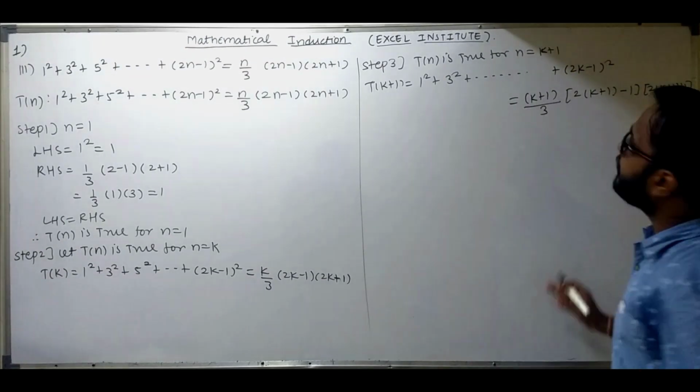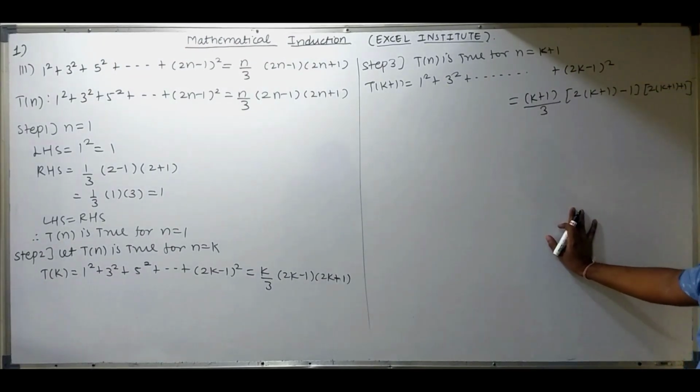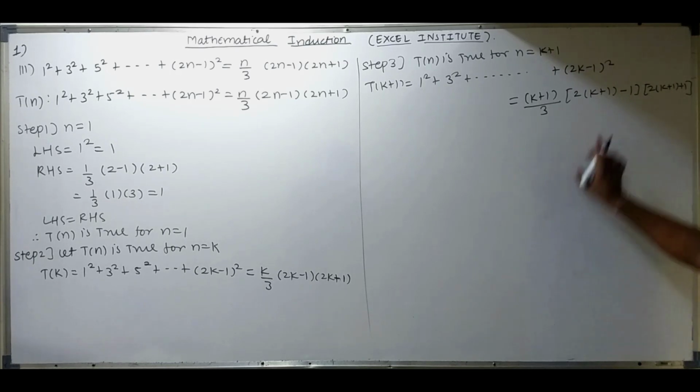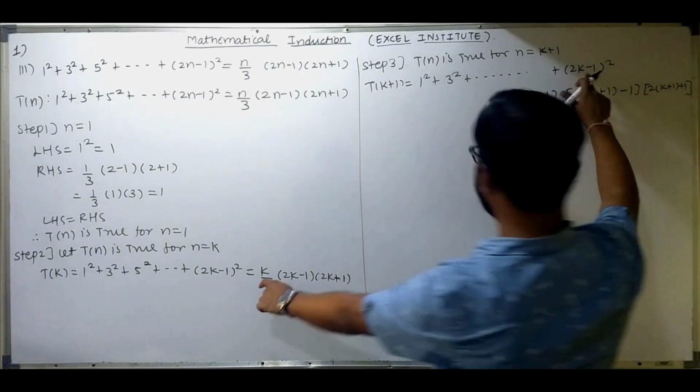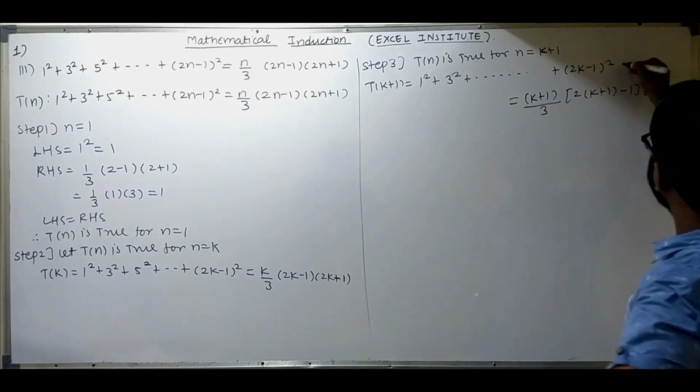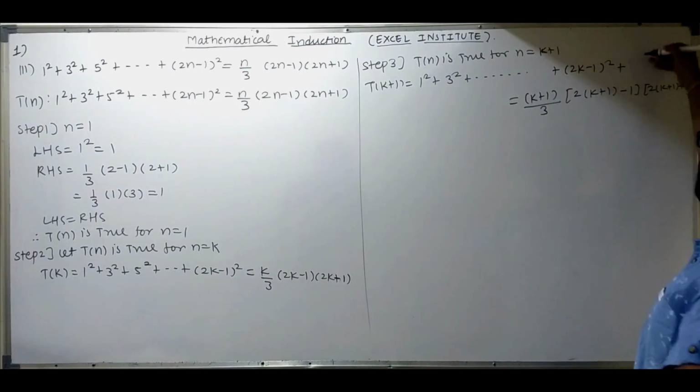Okay. This is when n is equal to k, not k plus 1, because n equal to k is this, na? So this is for n equal to k. So what about k plus 1 will be? There is one more term that will come.